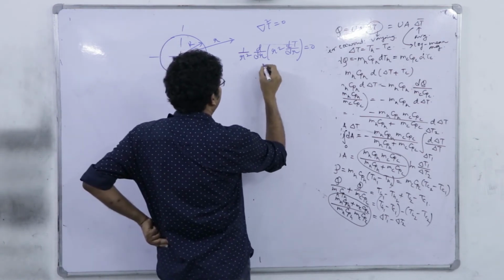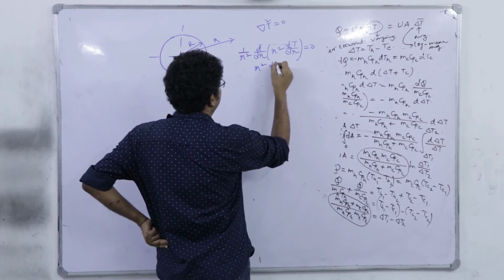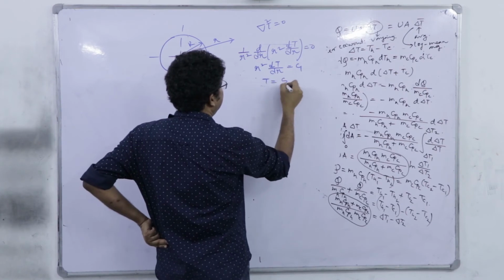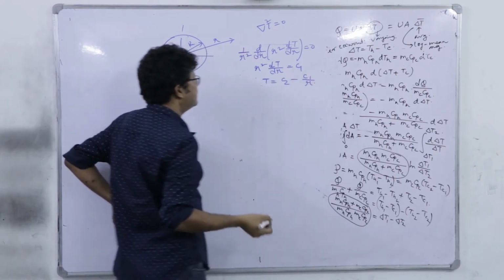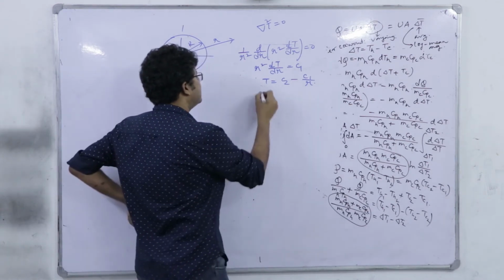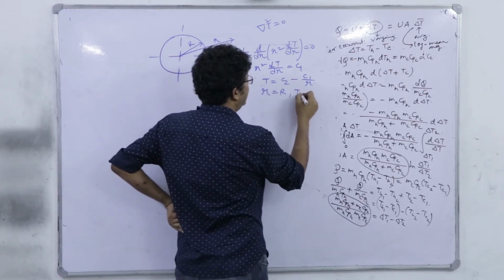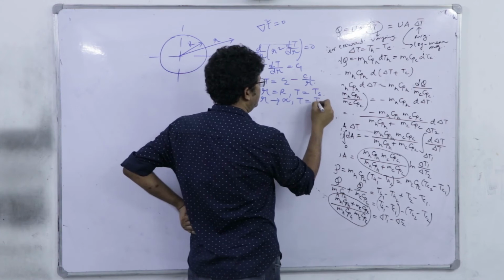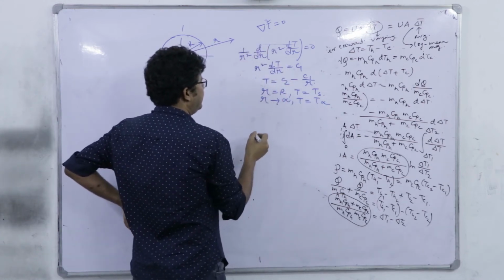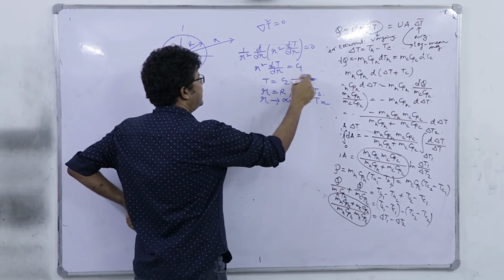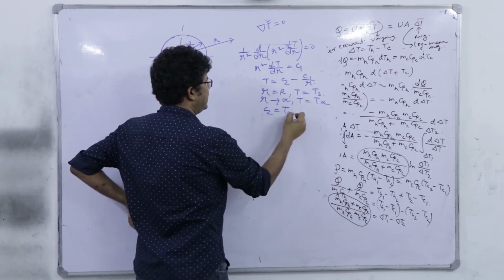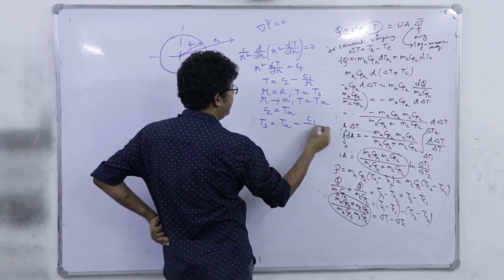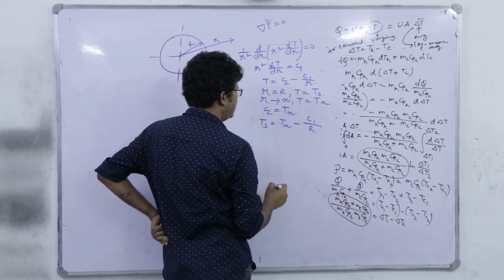So here we will get this r squared dT/dr equal to C1, right. So T is equal to C2 minus C1 by r. Now what are the boundary conditions? That at r equal to capital R, T equal to Ts, and r tending to infinity, T equal to T infinity. So you see that when r tends to infinity, this part is 0, so C2 is basically T infinity, and Ts will be equal to T infinity minus C1 divided by R, right.